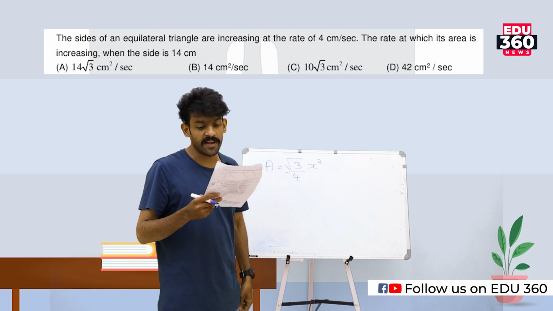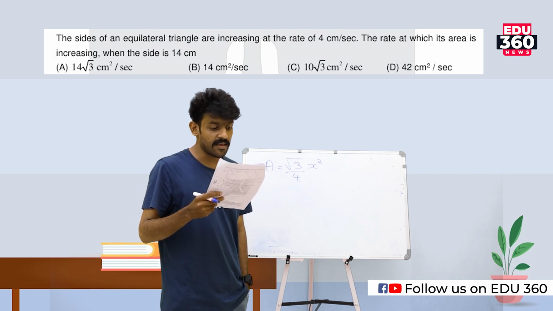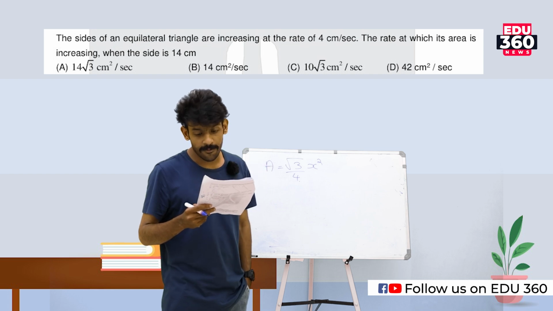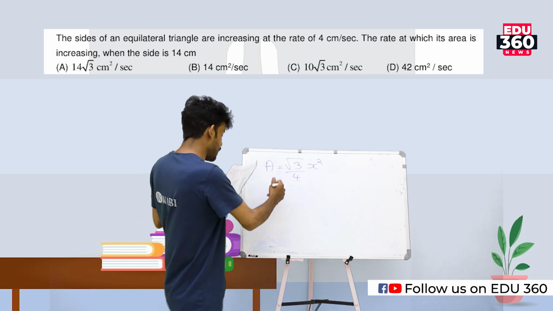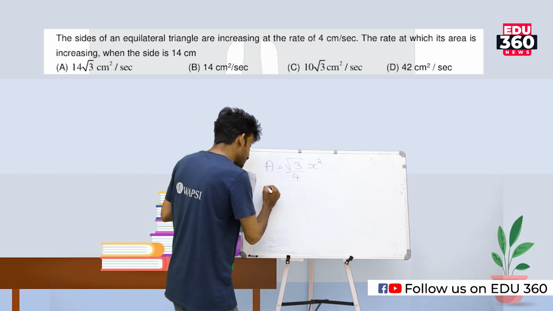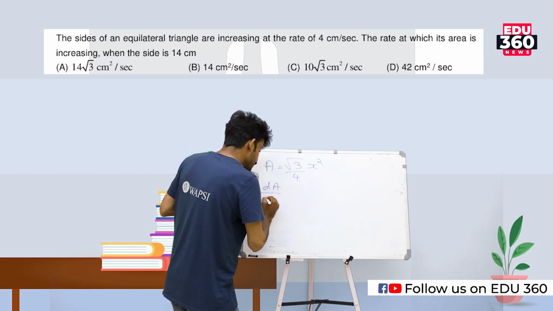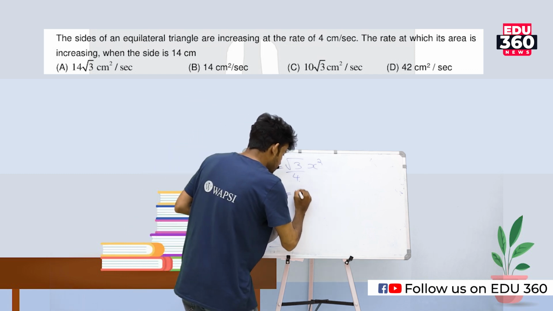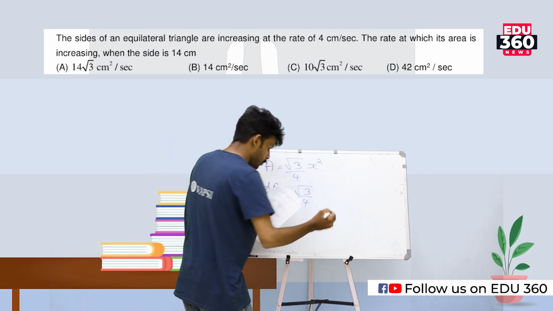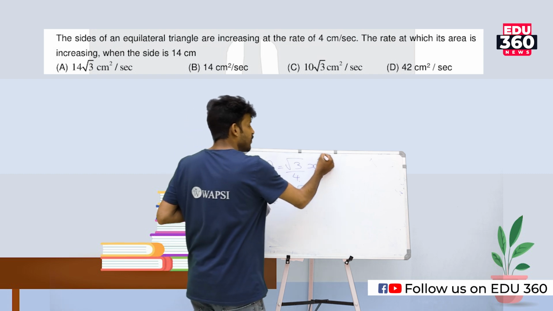So in the question, we need to find the rate at which its area is increasing. So this is A, and the rate at which this is increasing means dA by dt. Yes, dA by dt. So that is equal to root 3 by 4 into, what is the derivative of this?